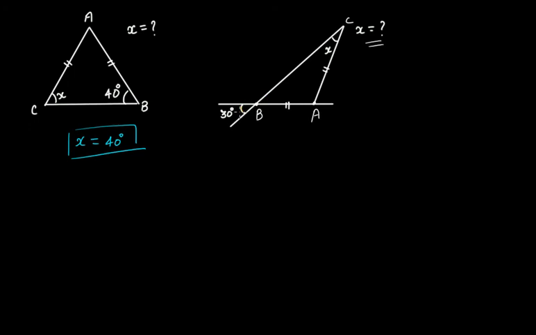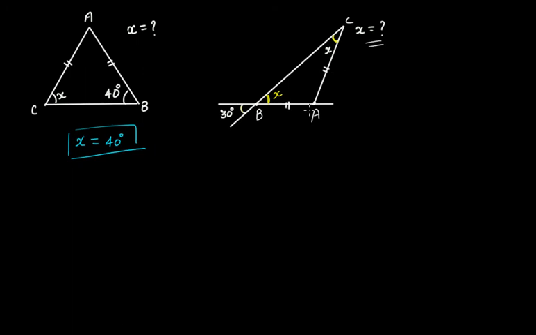Before focusing on vertically opposite angles, focus on the isosceles triangle first. If these two sides are equal, this triangle is an isosceles triangle. Therefore, this base angle will be equal to this angle, right? This base angle is opposite to this equal side, and this base angle is opposite to this equal side. Therefore, this will also have to be x.